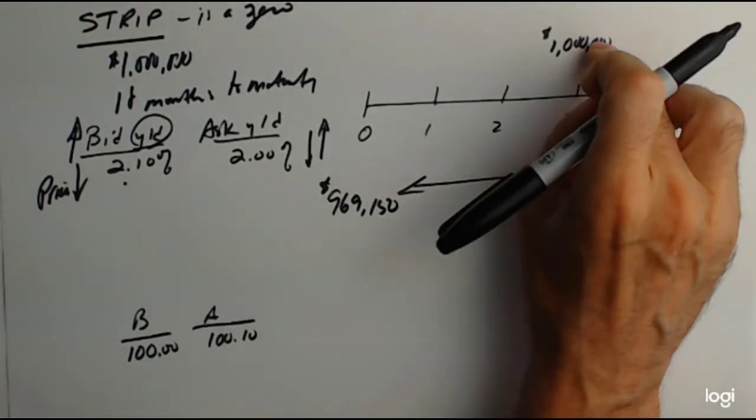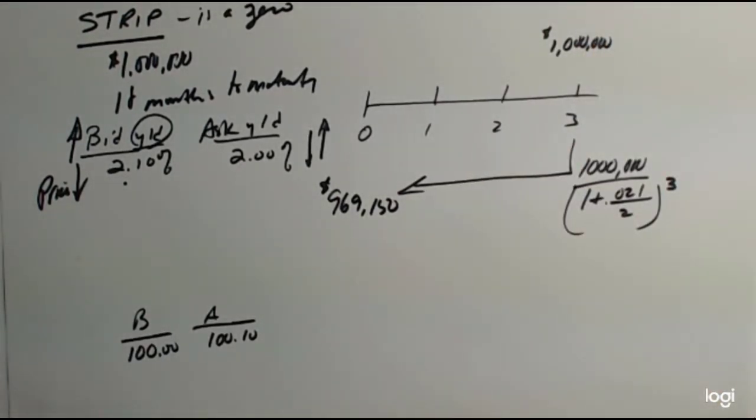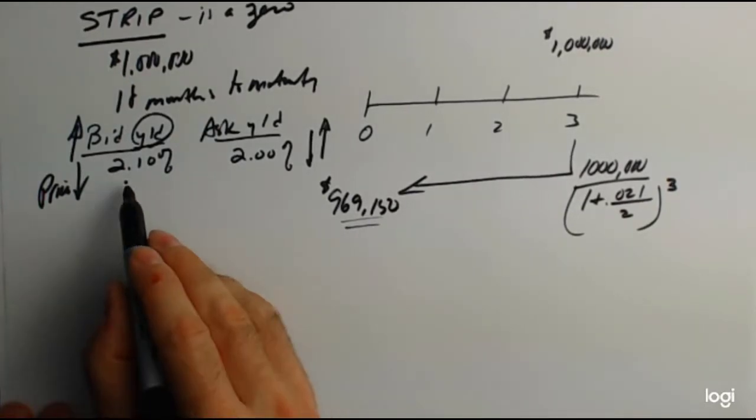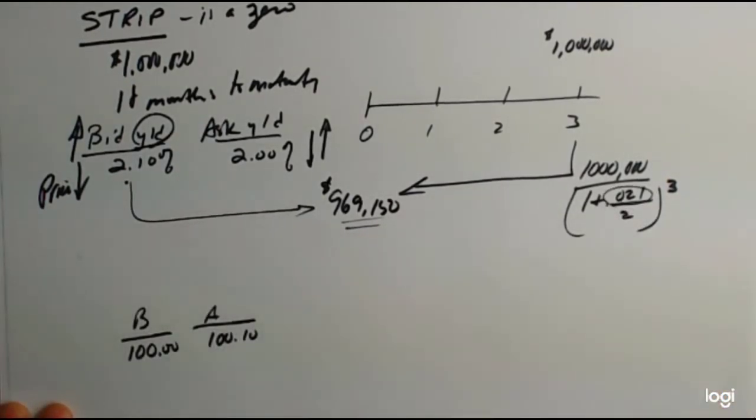When this strip matures, it'll generate a cash flow of $1 million. So that's worth $969,000, and that's based off of this 2.1% yield.